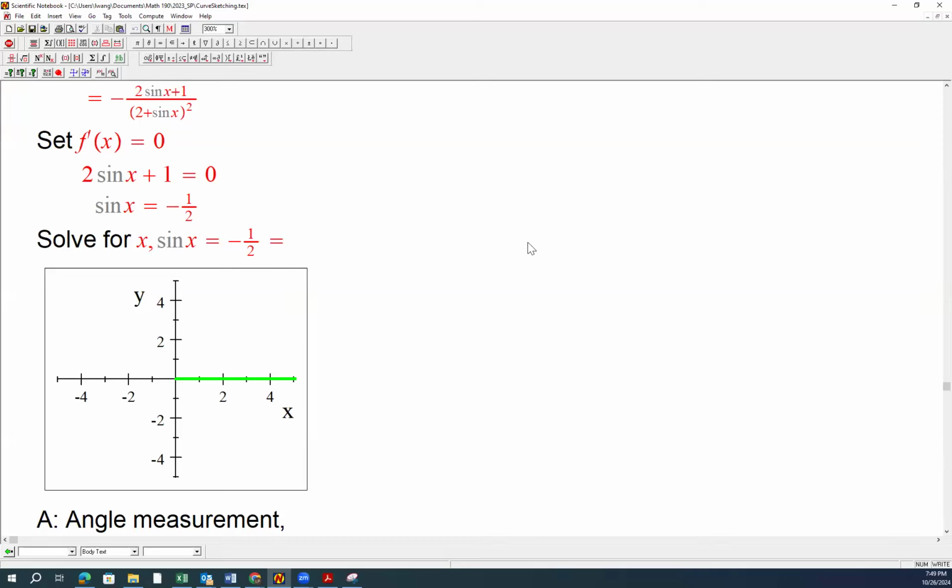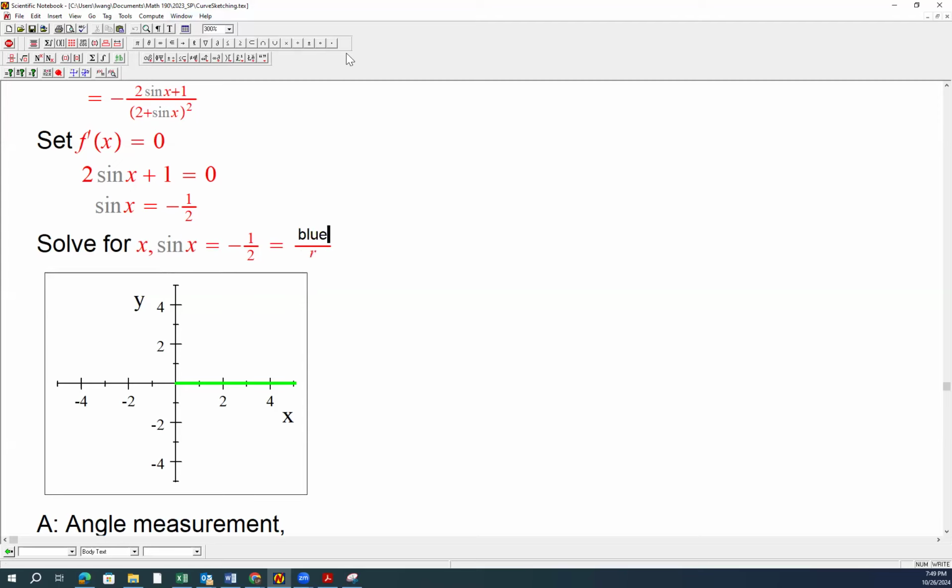We know R is the square root of red squared plus blue squared. Sine is defined as blue divided by R. R is always positive, right?